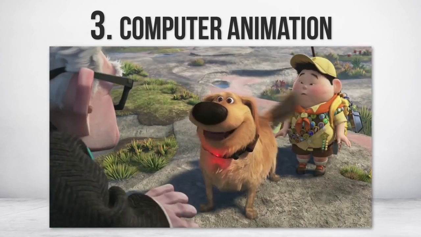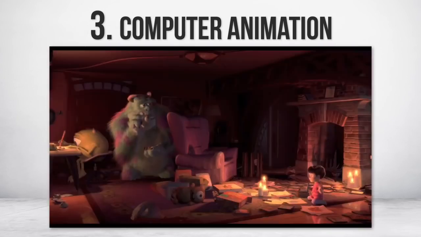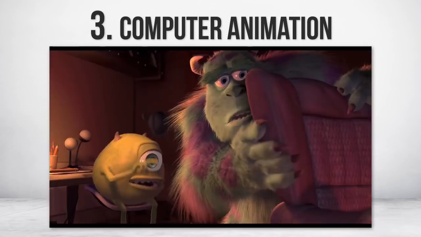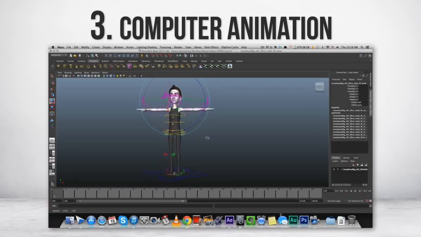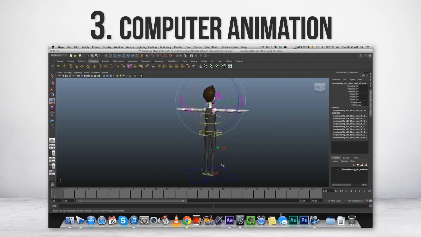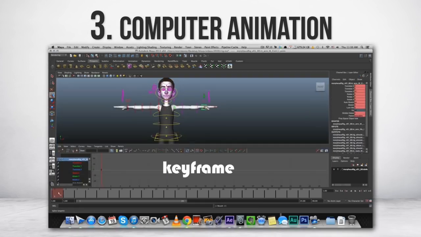The National Science Foundation emphasizes how heavily 3D animators must rely on physics to create realistic animation. The animator creates keyframes, or specific movements, and lets the computer fill in the rest.